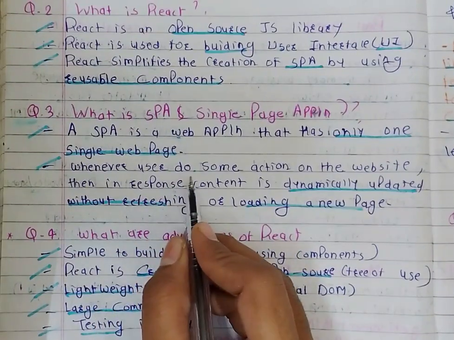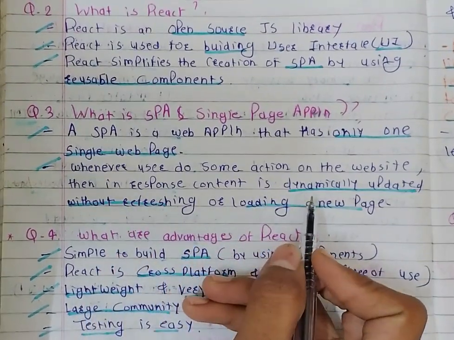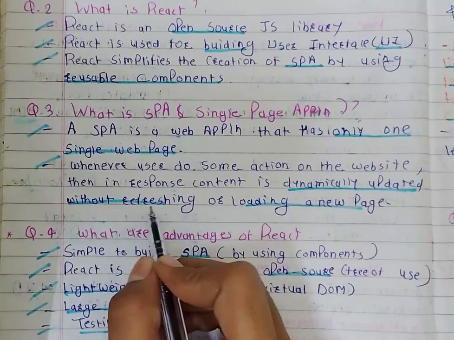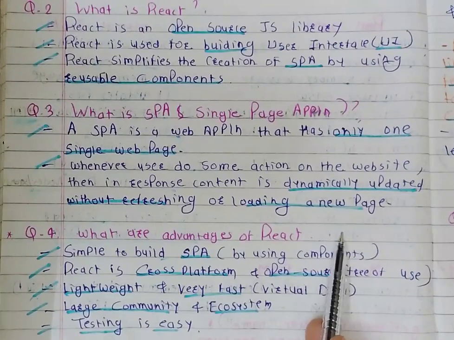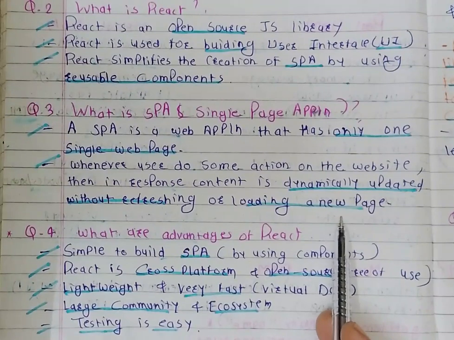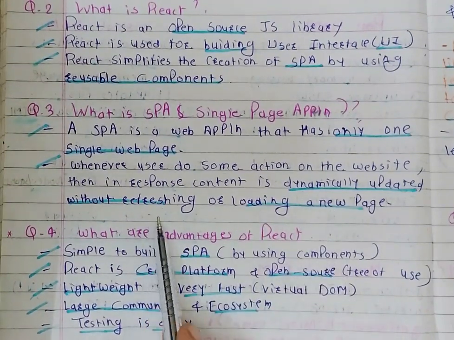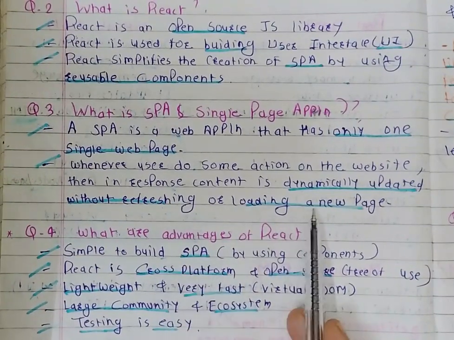Whenever the user does some action on the website, the content is dynamically updated without refreshing or loading a new page. Because there is only a single page, there is no need to load a new page.